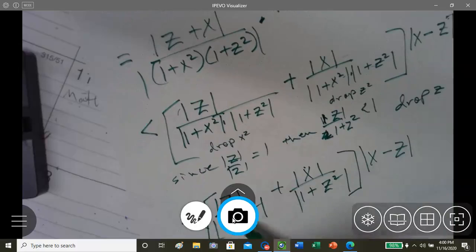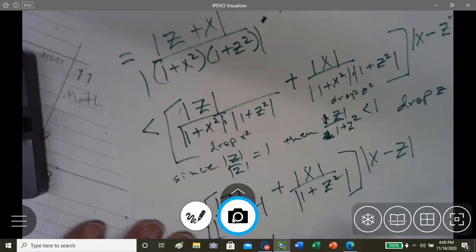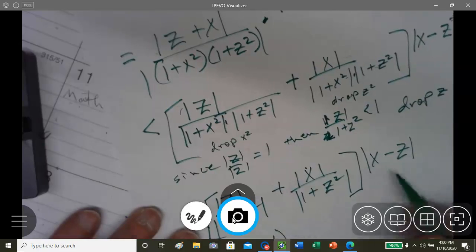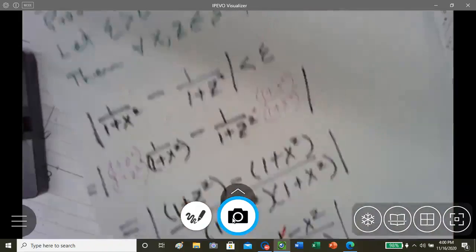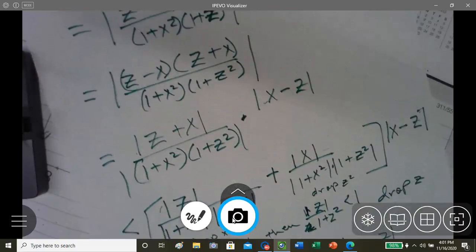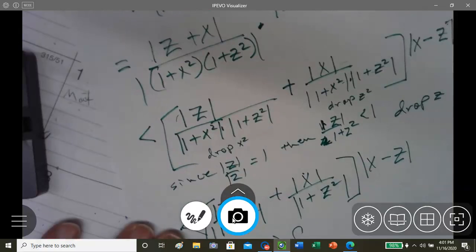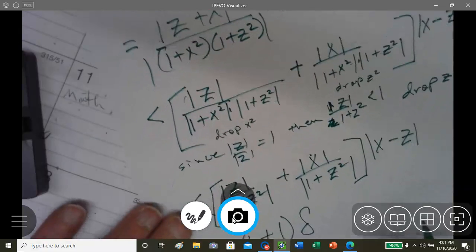And so since z over 1 plus z squared is less than 1, we can say that this is less than 1 plus 1, and then the absolute value of x minus z, we said that that was less than delta. So we can make that delta. So that's less than 2 delta.